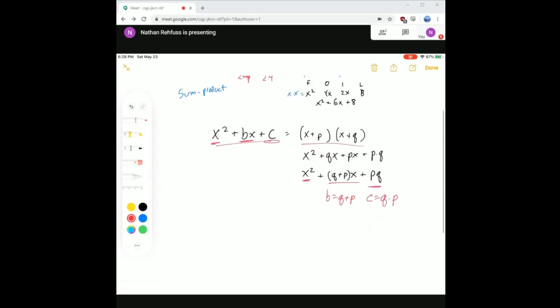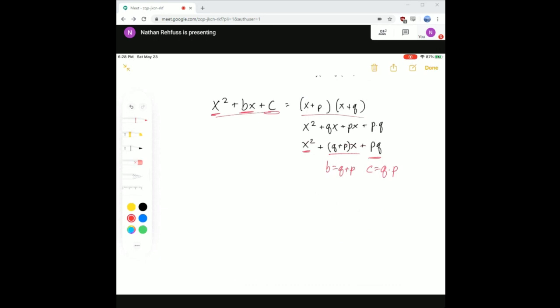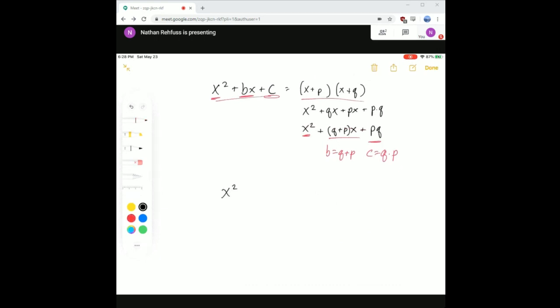All right, let's say I have x squared minus 7x plus 6. I need two numbers that add up to negative 7 and multiply to positive 6. Take a second and think.